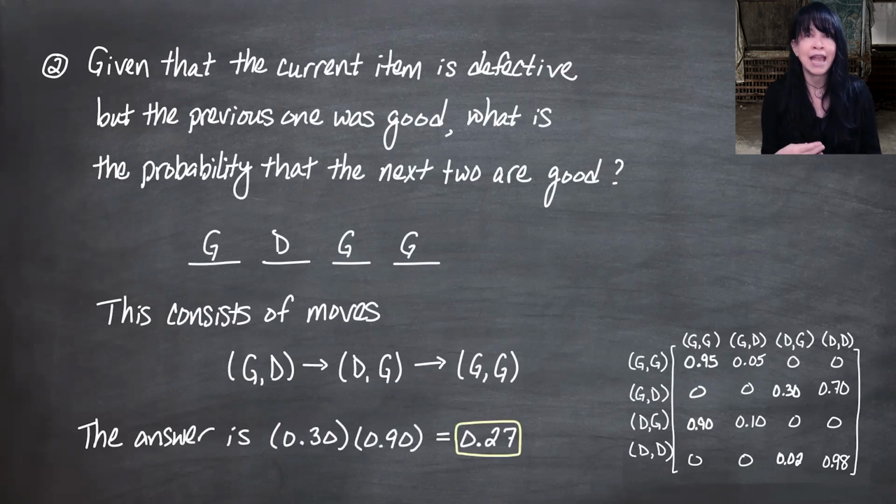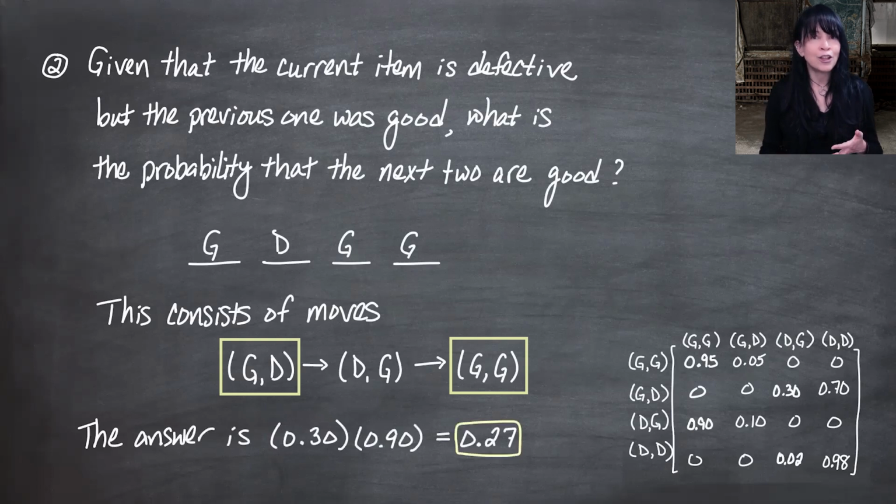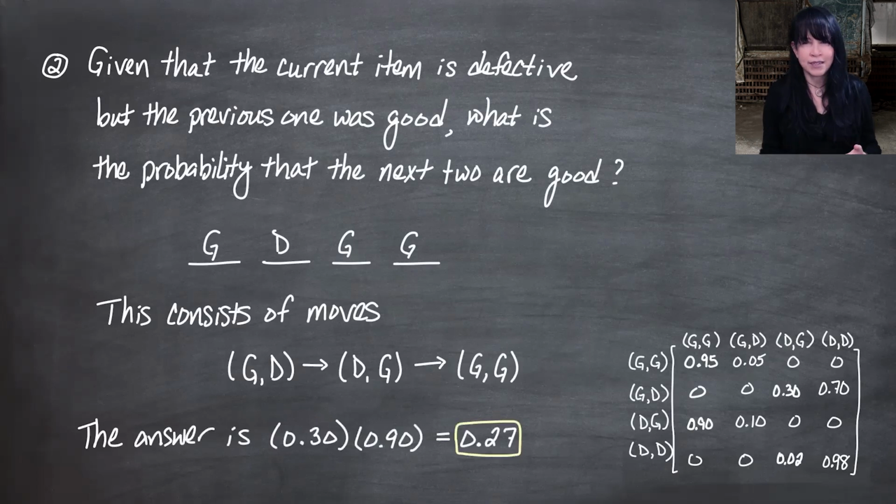I'm not skipping any time steps. At the same time, for this kind of overlap example, there does happen to be only one way to go from here to here in 2 time steps. So if you did square this matrix and grab the entry that takes you from good defective to good good, you will get the right answer. But it's not the right way to think about this problem because we're not skipping time steps.